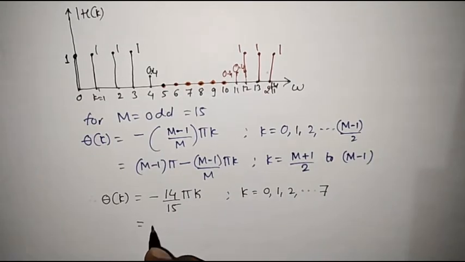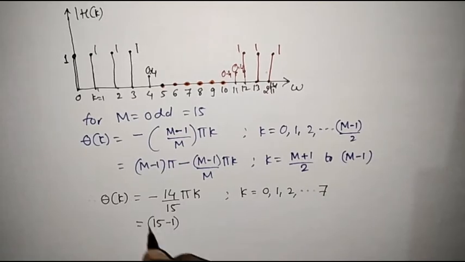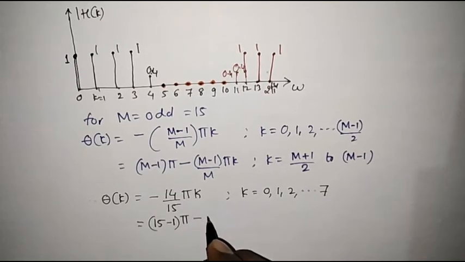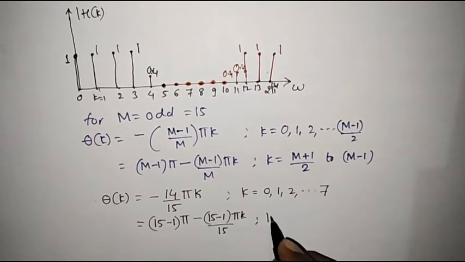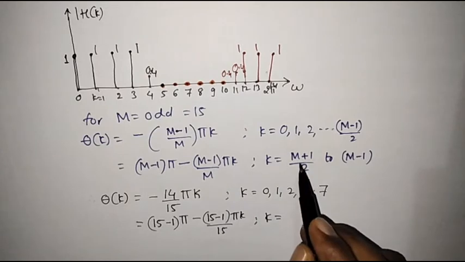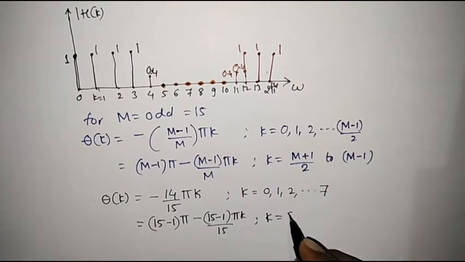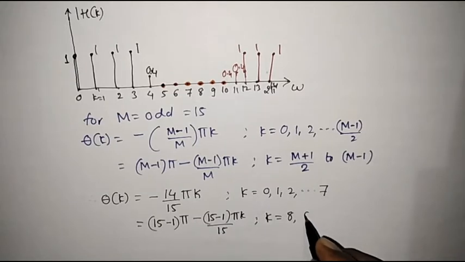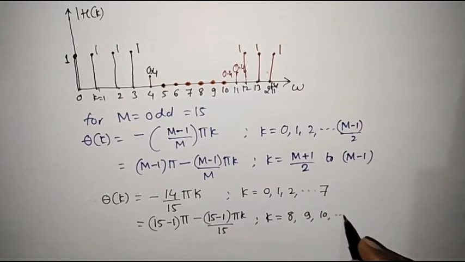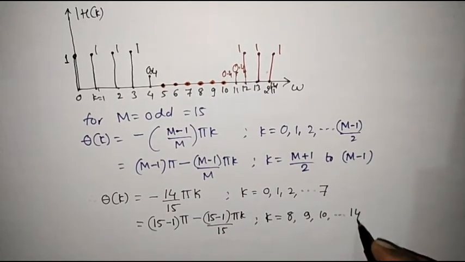So I can write it as 14 pi minus 14 pi k divided by 15 for k equal to 8, 9, 10 up to 14.